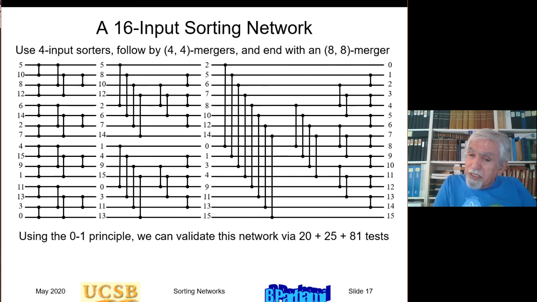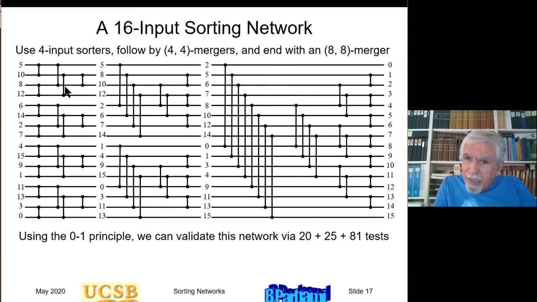Now, because of this structure, if I didn't know anything about the structure and I wanted to verify the 16 input sorting network, even with the 0-1 principle, I would need 2 to the 16 tests to verify. That's still a large number. But because of this structure, I need to test each of these 4 input sorting networks.